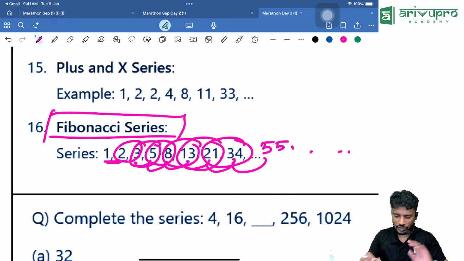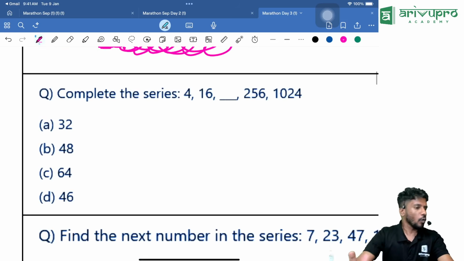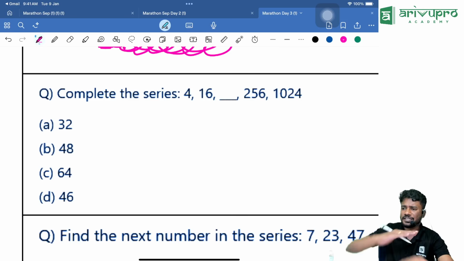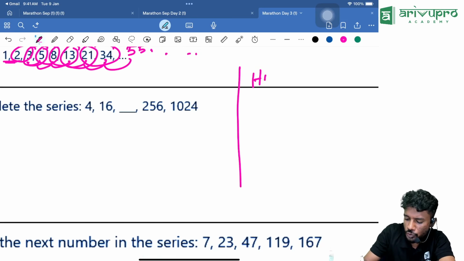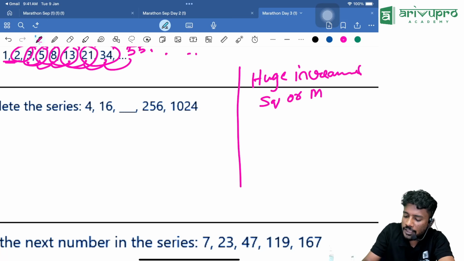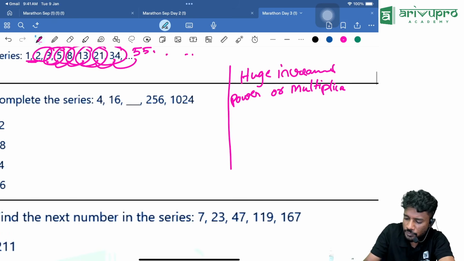That is Fibonacci series. Now you tell me, what is the missing number of this series? 4, 16, _, 256, 1024. Now, whenever there is a huge increment, square or power or multiplication is involved.